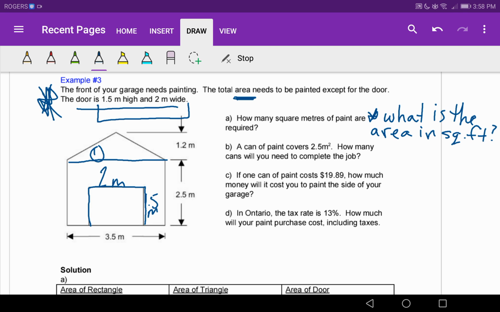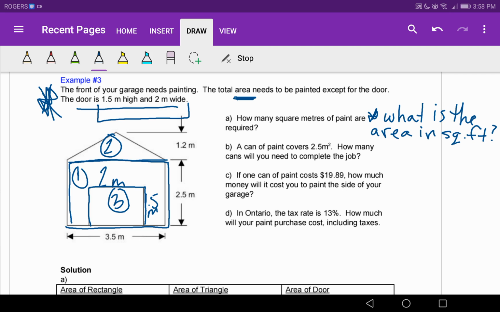Actually, let's call my big rectangle, so this is your big rectangle around there, shape 1, just because that's our biggest one, but it doesn't matter. We'll call our triangle shape 2. And then lastly, this door here, this garage door, let's call that shape 3.